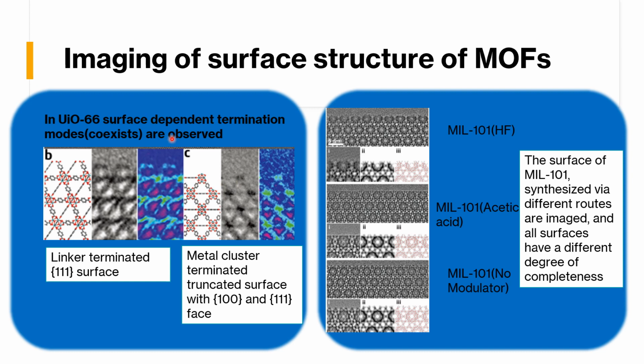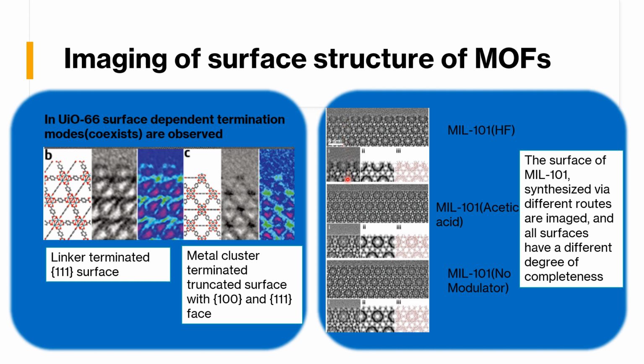After this, the surface is terminated, and there is also a second beautiful example in which MIL-101 was synthesized using three different techniques. The first used no modulator, the second used acetic acid as modulator, and the third used HF as the modulator. We can see all of the surfaces have a different degree of completeness, and this was imaged by HRTEM.